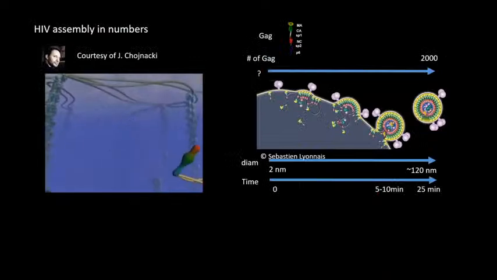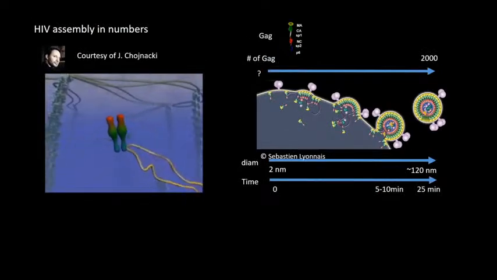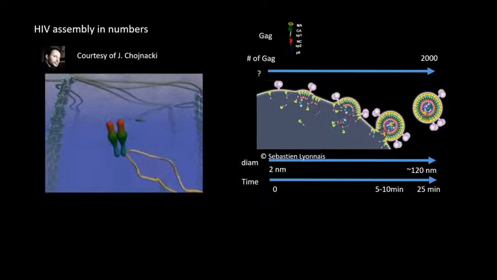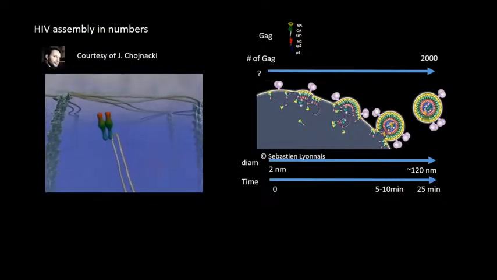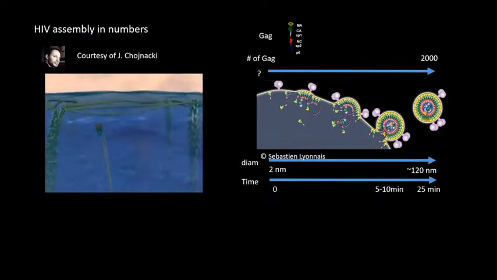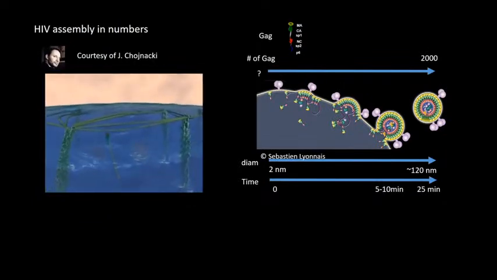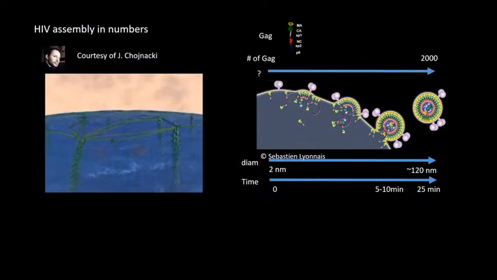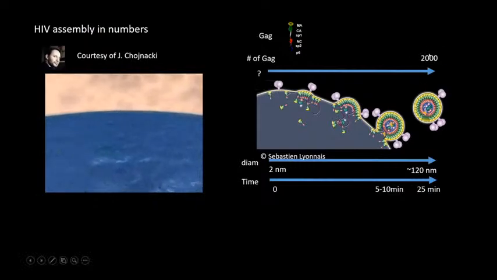So assembly mainly consists of the ability of each Gag molecule, which are the structural proteins of the HIV virus, to find other Gag molecules in order to self-assemble, starting from a few of them up to 2,000 to make a new virus.